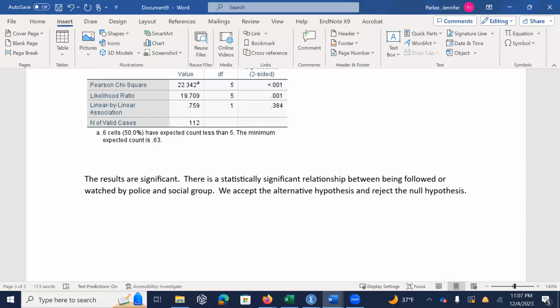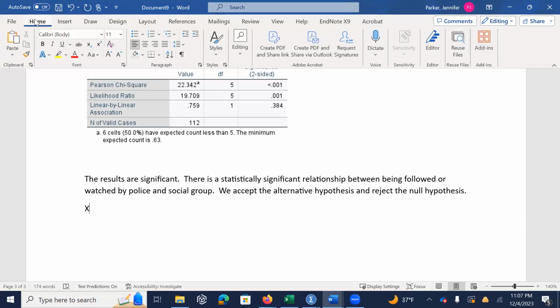But first I'm going to provide the standard reporting form. So we have the chi-square, we want the chi-square symbol.